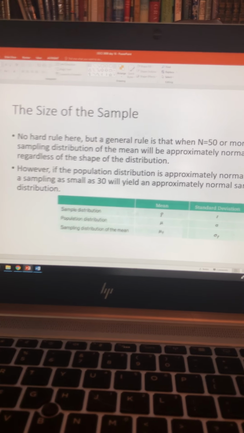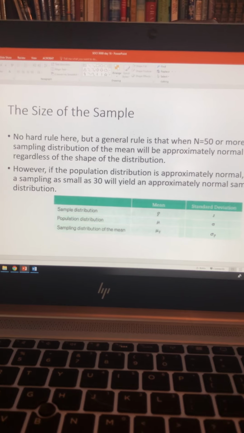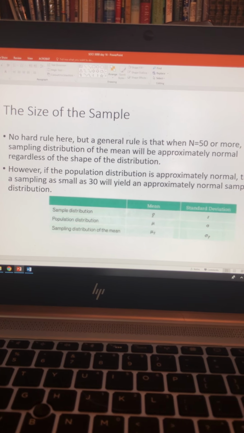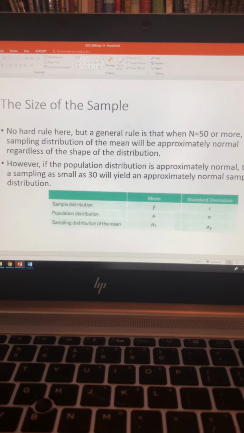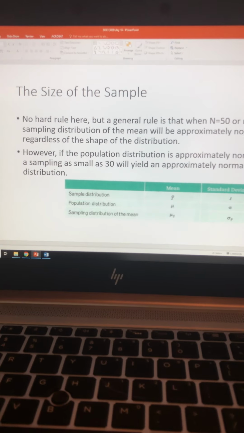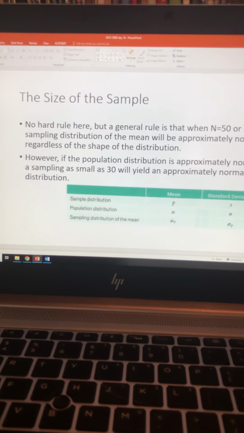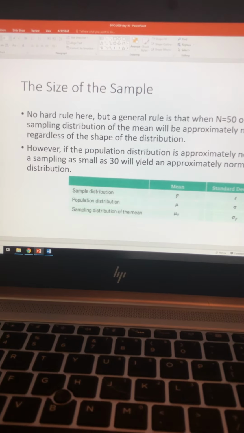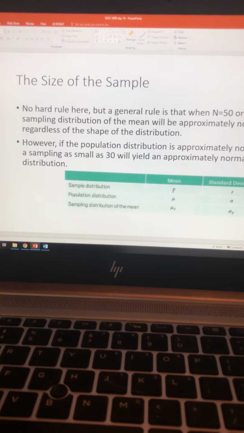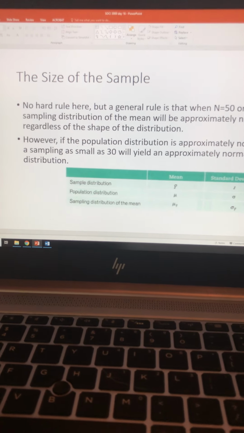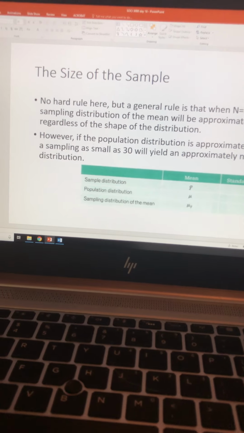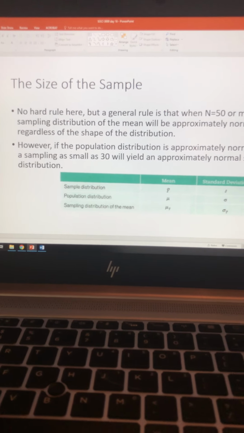If you have a normally distributed variable, then a sample as small as 30 will give you a normal sampling distribution. Again, you don't need to memorize this, but these are just sort of general rules that we use. So if we have a normally distributed variable like height, a sample of 30 should do it for us. If you have something skewed like income, you're going to need a larger sample to do so, about 50.